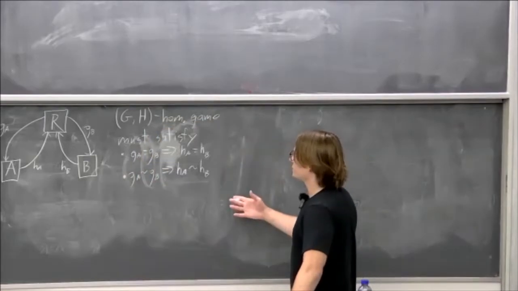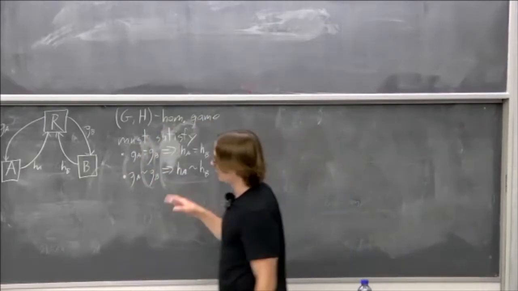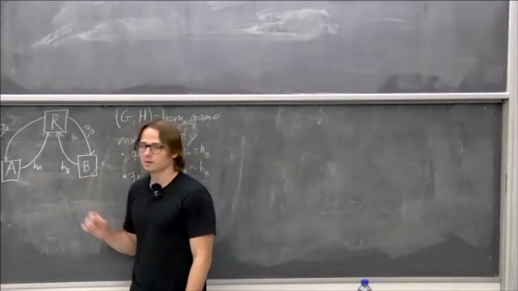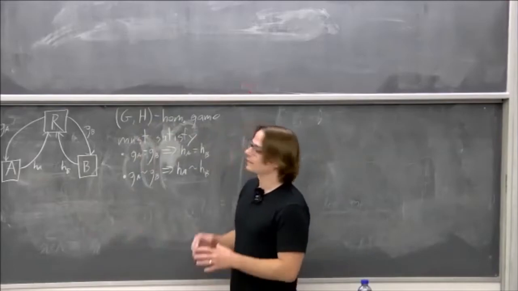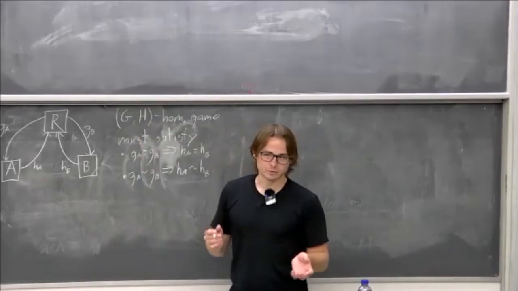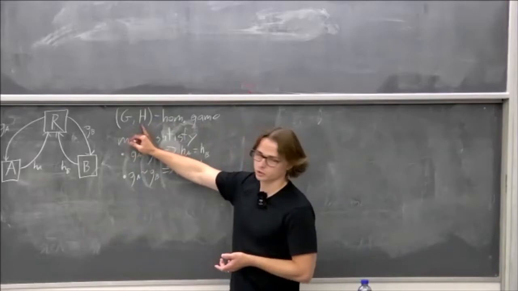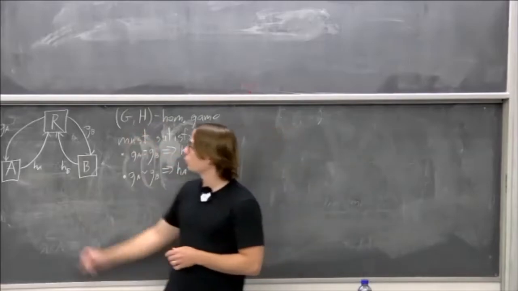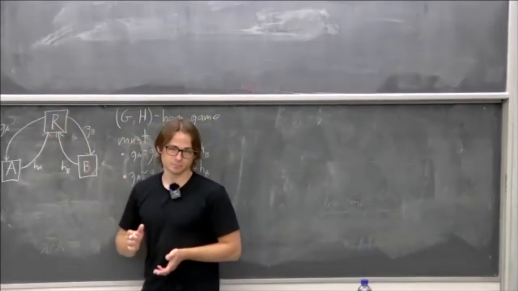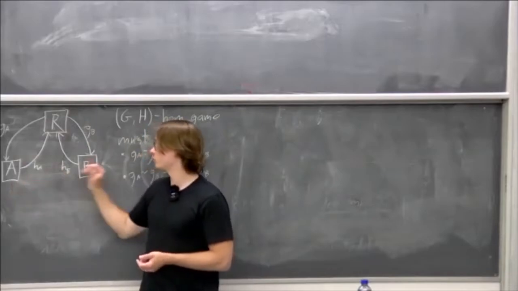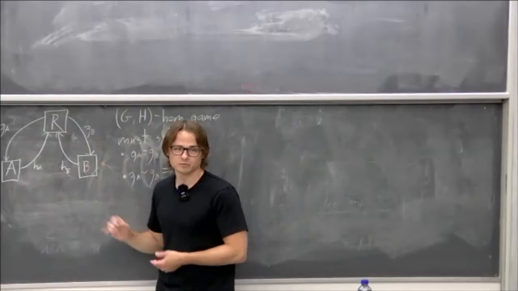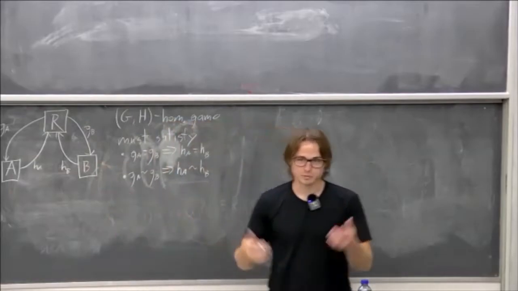The trick is that during the game, Alice and Bob can't communicate with each other. They can agree on a strategy before the game begins, and they know what the graphs G and H are, but they don't know what vertices the referee is going to send them. Even after the game starts, Alice doesn't know what vertex Bob receives. If they somehow knew which vertex the other person received, it'd be trivial to win.